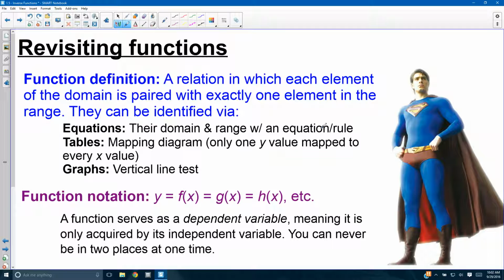Although I should probably change this now to what's his name? Actually, I don't remember his name, but this is Brandon Routh here, and Henry Cavill. Henry Cavill's our new Man of Steel, Superman. The idea is this Superman guy, he could do anything. He's a function where he can fly wherever. His domain and range is unlimited. But he can never be in two places at one time.